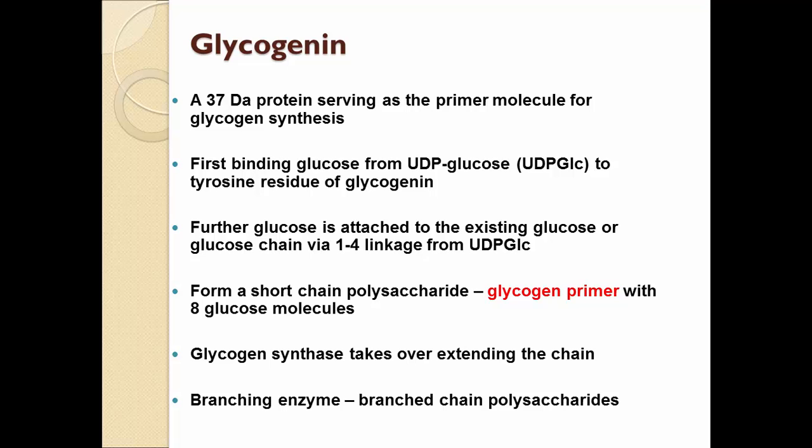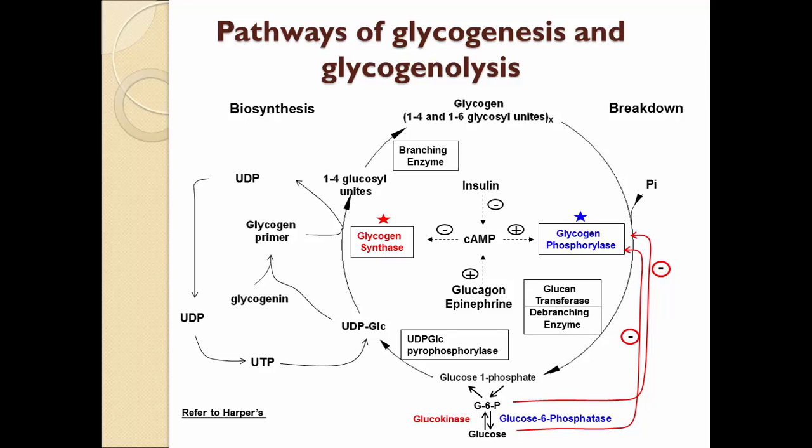I have a question. What's the point of making the UDP? Oh, we will get there, maybe I can show you. Glucose needs to be transferred to the site where the glycogen is synthesized.